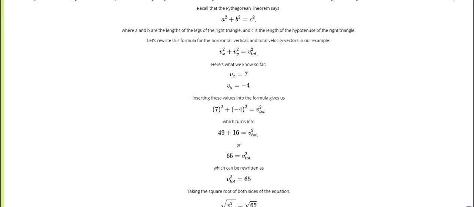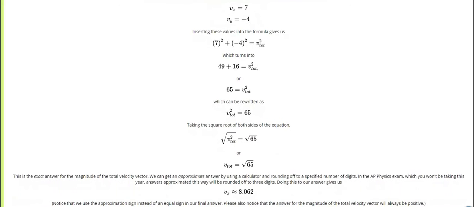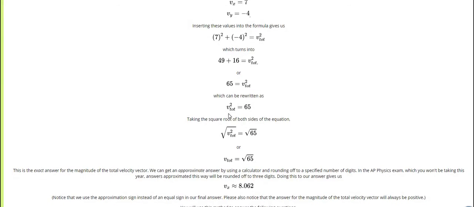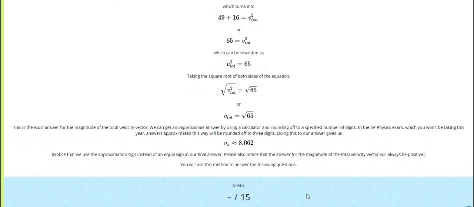That means 65 is equal to the square of the total velocity. Then we take the square root of both sides of that equation, and we get that the total velocity is the square root of 65. That's the exact answer. The approximate answer is what we get when we take the square root of 65 on the calculator, which turns out to be 8.062.